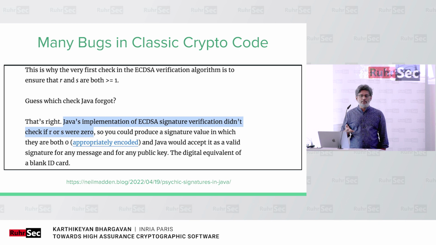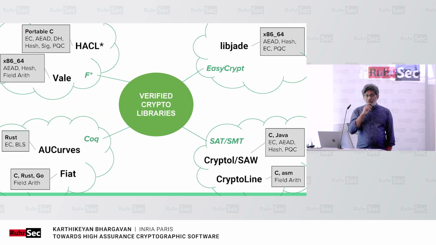There are many other bugs, in fact, in Java and in other libraries, which are a bit more sophisticated, okay? Which are harder to find. The good news is that you don't have to use libraries for which you have to trust that they didn't make this kind of mistake, because there are a lot of verified crypto libraries now available.